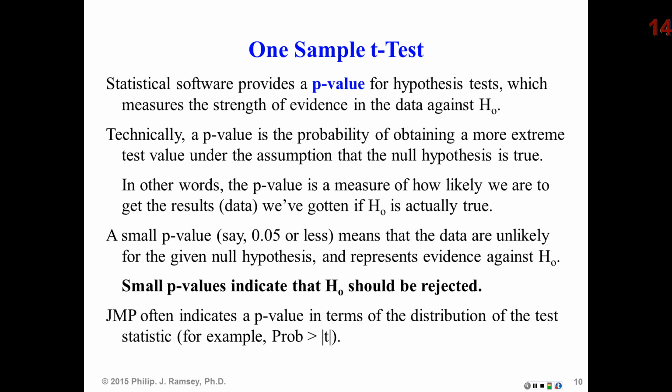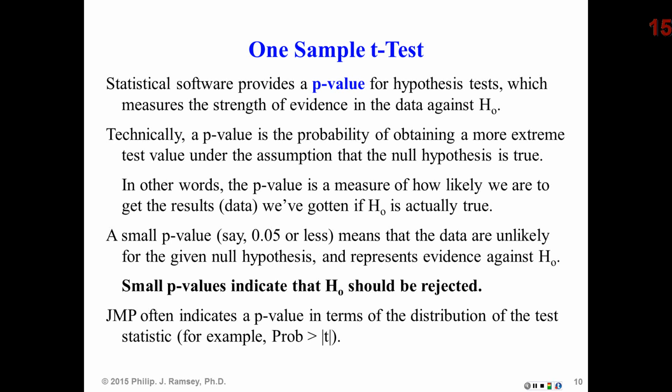But these hypothesis tests produce a summary measure of the agreement between the null hypothesis and the test statistic. And this measure was invented by R.A. Fisher in the 1920s, and he called it a p-value, where p stands for probability value. Okay. The p-value is a measure of the agreement between the null hypothesis and the data.